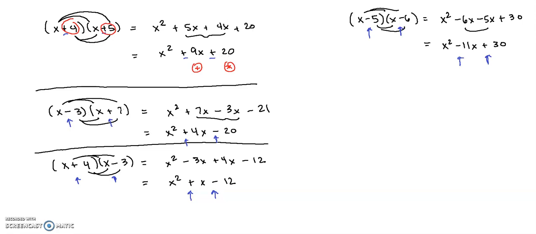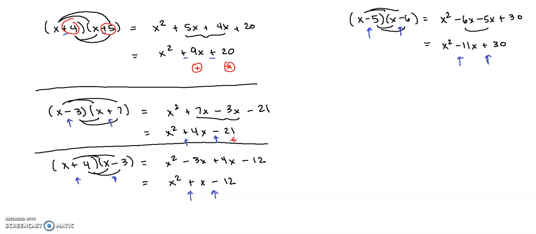Okay, negative 3 times 7 is, oh my goodness, I didn't even notice that. Okay, sorry, this should be a 21 right here. Sorry about that. I wrote it up here and then I changed it to a 20 right here. Okay, negative 3 times 7 is negative 21.